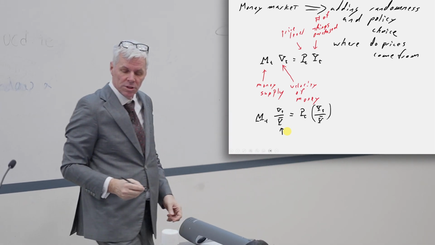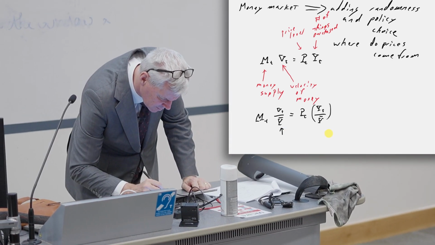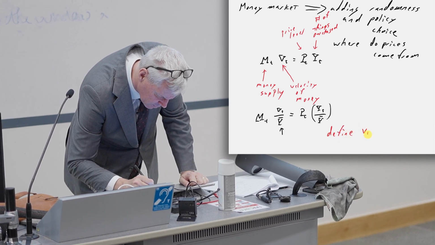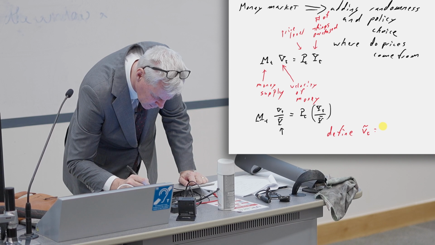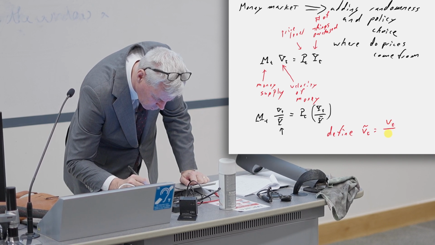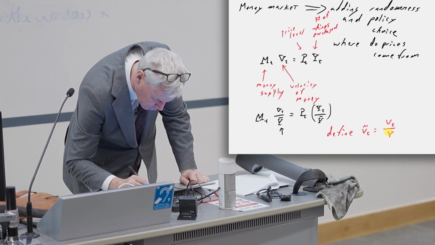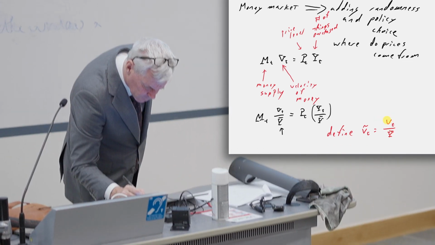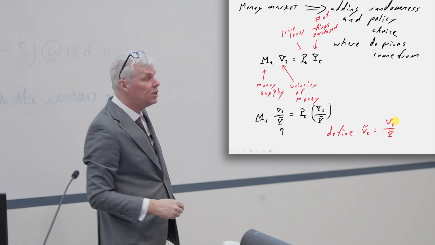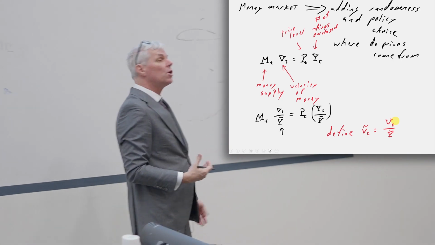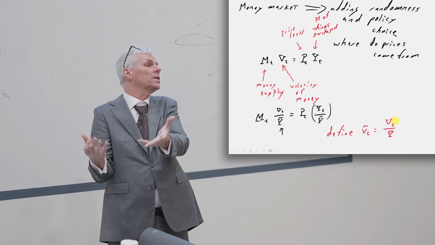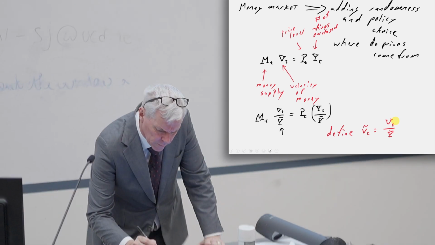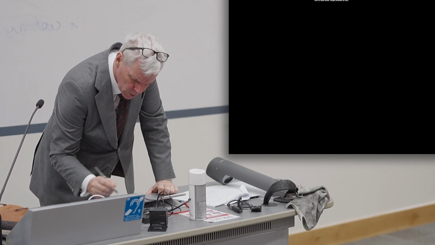And so I am going to define V_t tilde equal to V_t over capital Y bar. This is capital V_t. And it is just a definition so that I can carry around V tilde instead of V_t, and I get what I'm looking for. And so rewriting this, I get, woohoo.